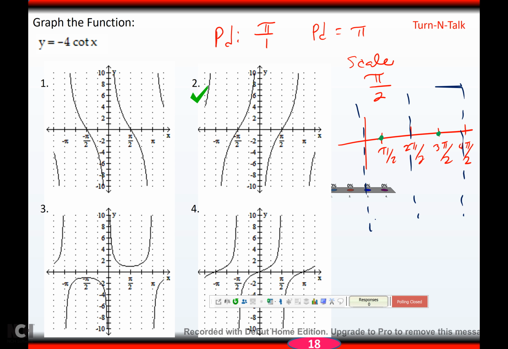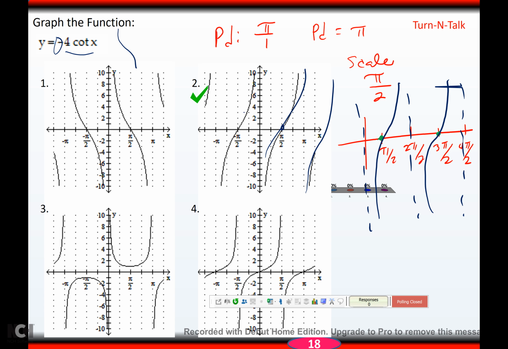Alright, and we are going to wave. Normally cotangent falls to the right, but because of the negative, that's going to reflect it, so we're going to have to rise to the right. So I'm looking for a graph that goes through pi over 2 and 3 pi over 2.